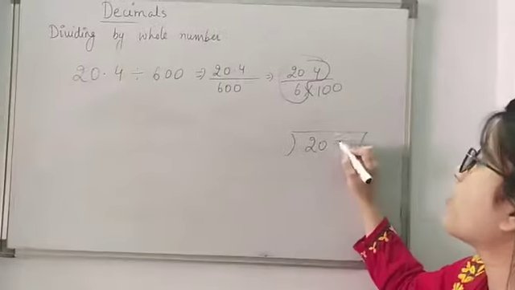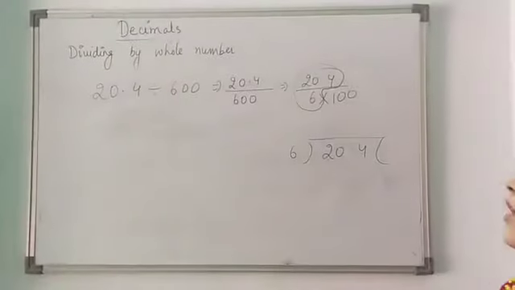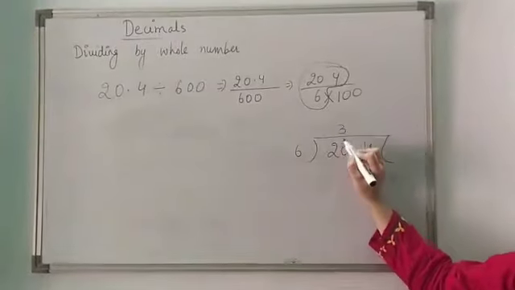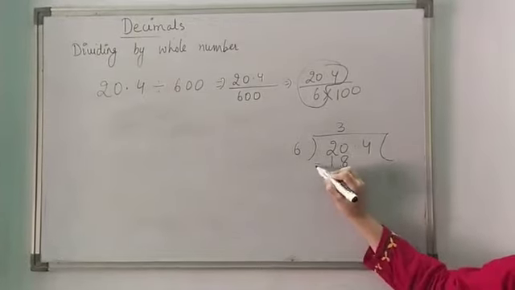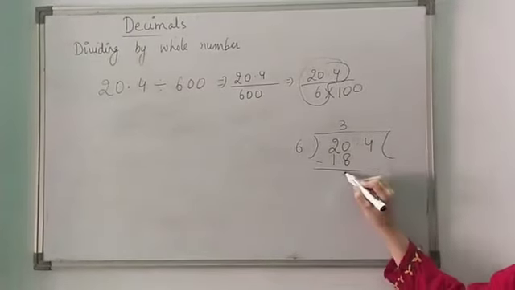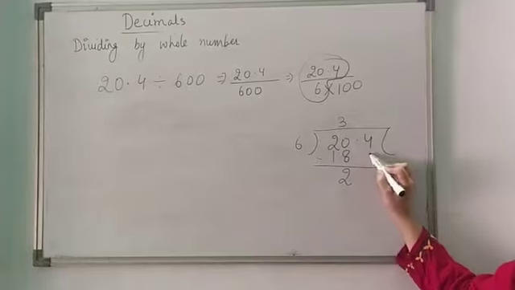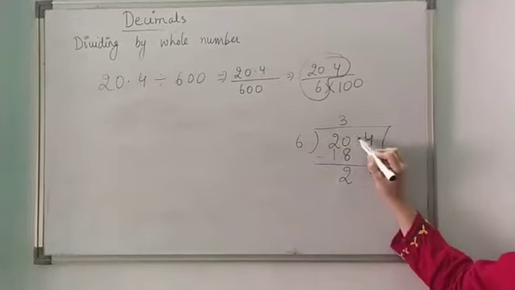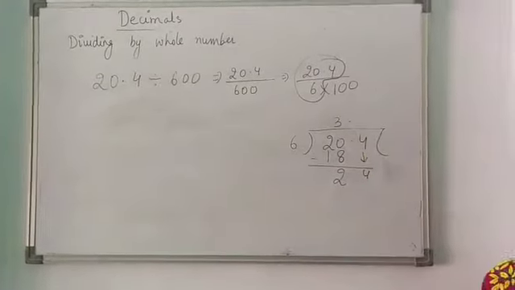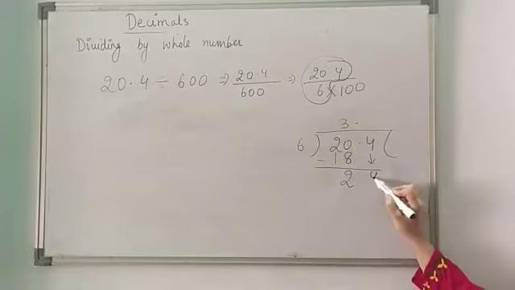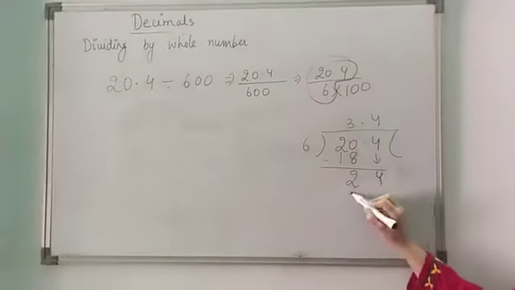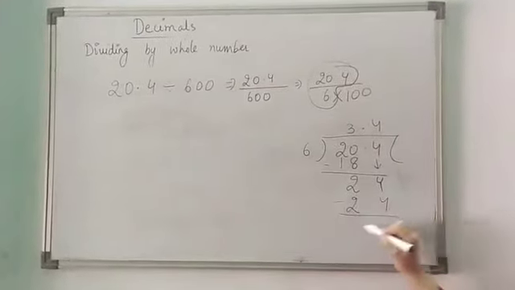That is 20.4 divided by 6. Now 6 threes are 18, 19, 2 carry. The moment you copy down 4, the decimal is there, put the decimal sign here also. Now 6 fours are 24. We will cancel.